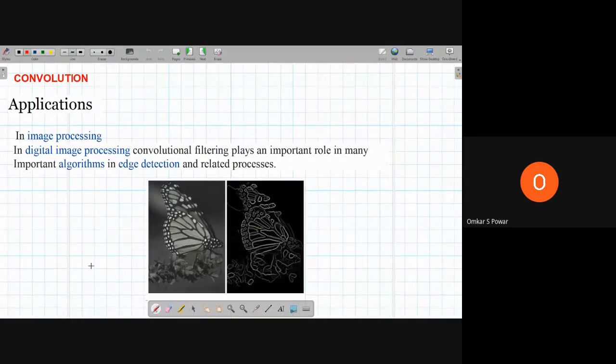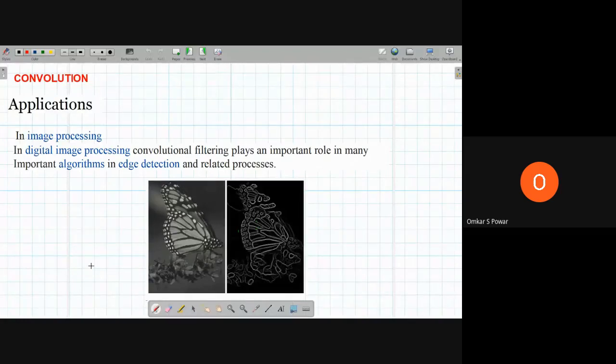Convolution is also an operation. So addition, how do you do it? 2 plus 3, you have 2 apples and 3 apples. You will add those 3 plus 2 apples to get 5 apples. In the same way, there is a separate operation called convolution. So that thing we are going to learn.